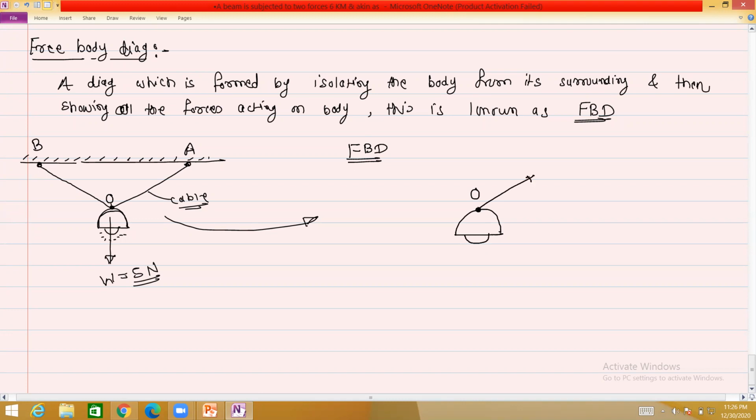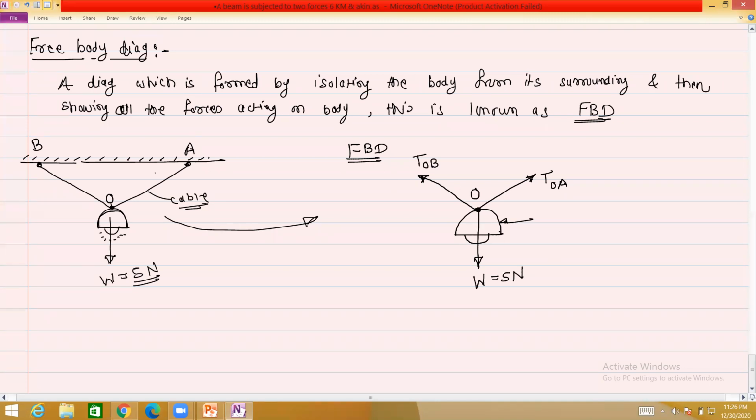So this is the first tension, tension OA, and the second tension in the cable BO is the force vector in that cable, tension OB. And at point O, there will be the weight of this lamp, W, equal to 5 Newton. So this is called a free body diagram.